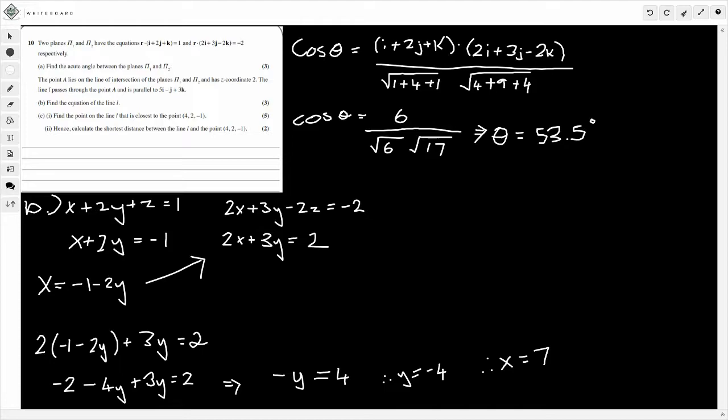We've got these points here. So therefore r, this is the finishing line now for this question. In vector form, r is going to be equal to 7, minus 4, and 2.